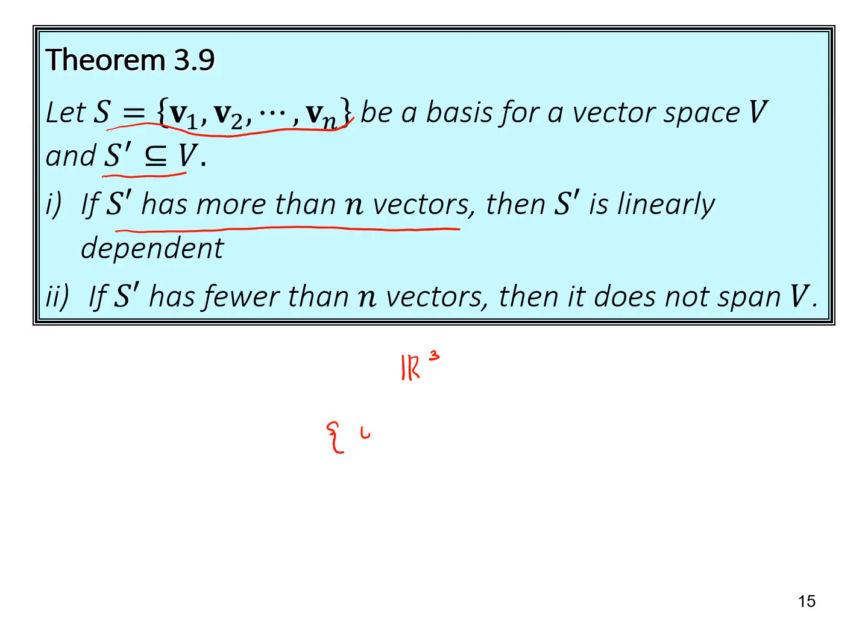For example, let's consider R3. We know that the standard basis of R3 is i, j, and k, where the number of elements in this basis is 3.